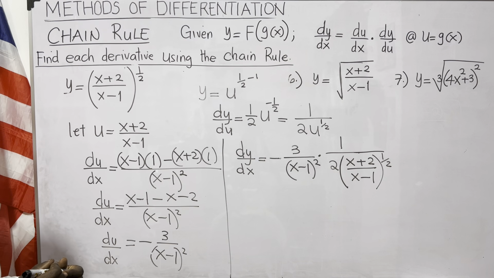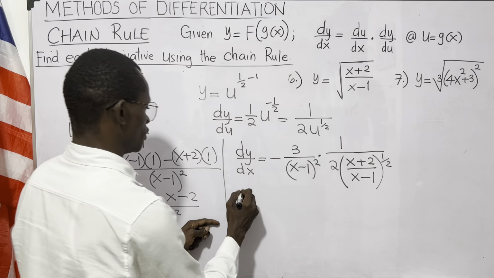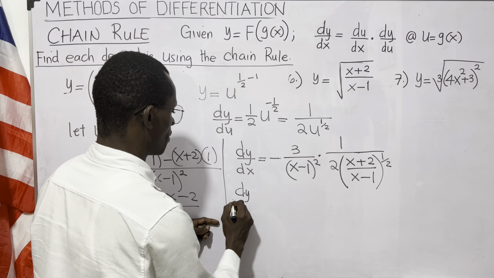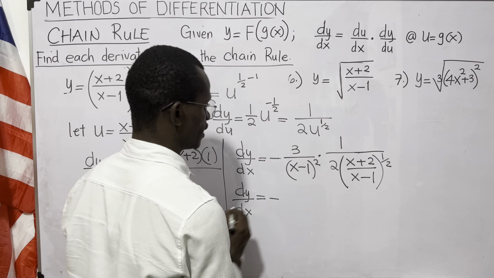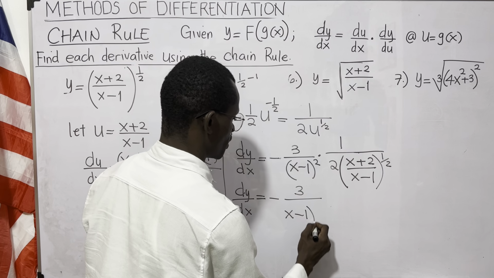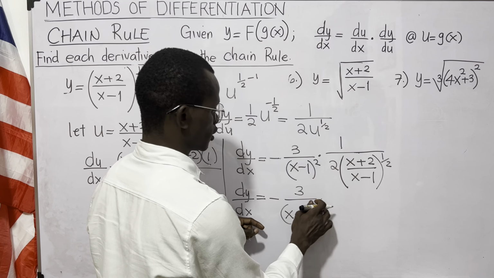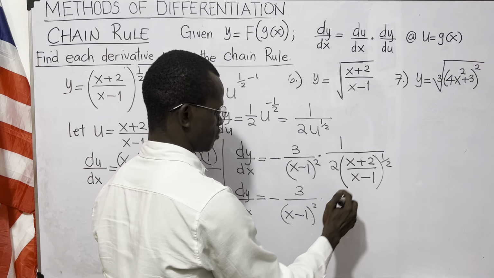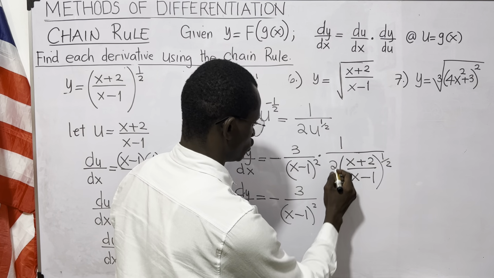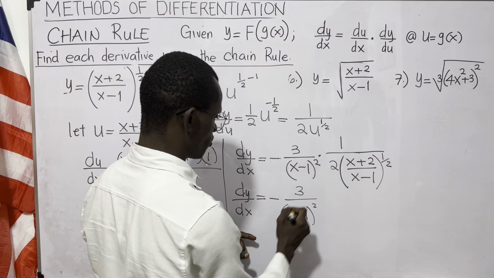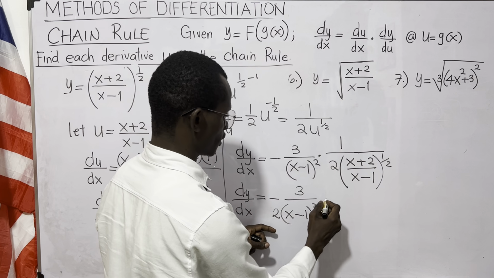So we have to simplify that further. So we have dy by dx equals minus 3 over x minus 1 raised to the second power. Each of them can be expressed, raised to their own powers. So this 2, I bring on this side.